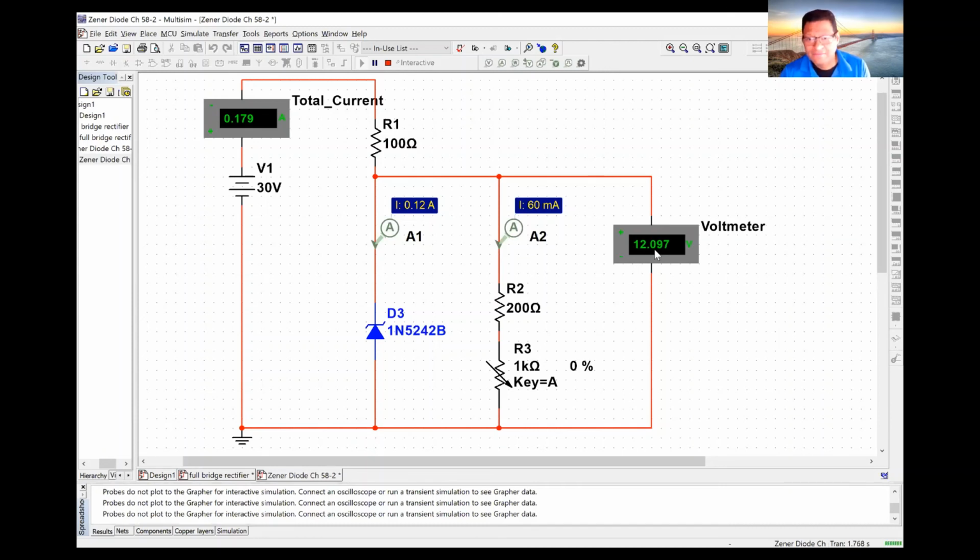We could say 12.1 is like 97 millivolts extra that I have there, but it's not a huge increase, okay? And that's pretty much the use of the Zener diode. Even if I change this voltage here, I will be able to keep the same amount of voltage through my load.